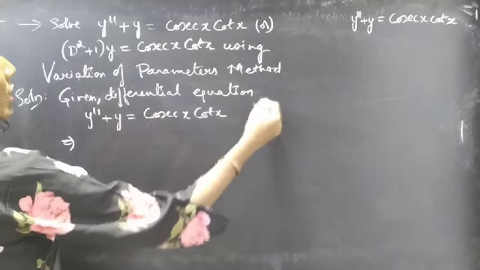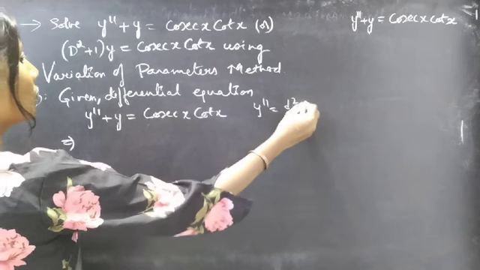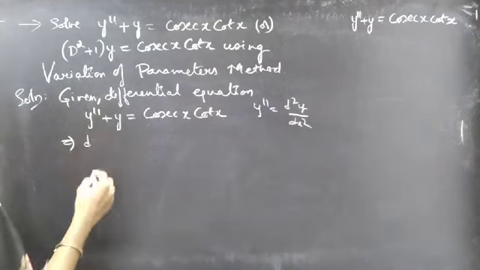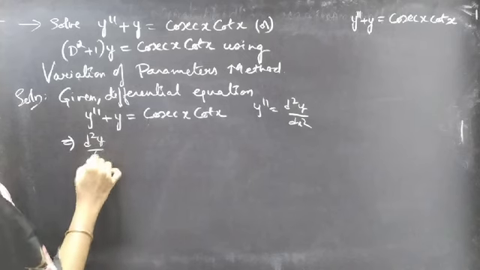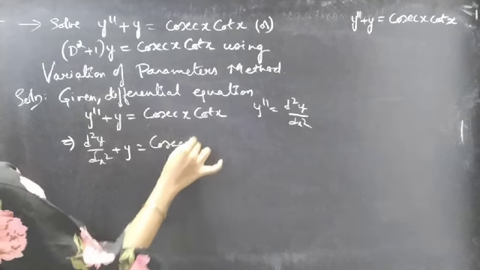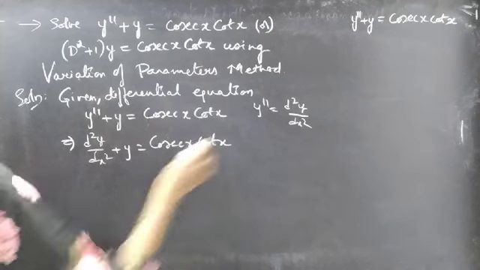We know that y double dash is the double derivative of y, right? So we can write y double dash as d square y by dx square plus y equal to cosecant x into cot x.